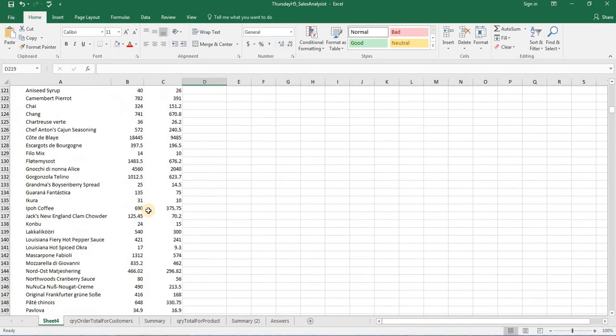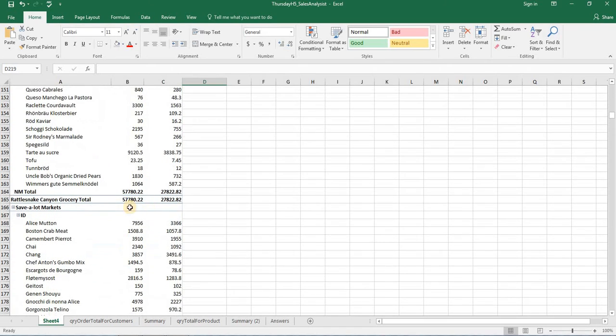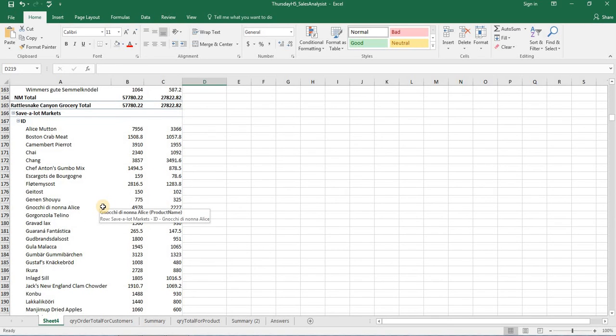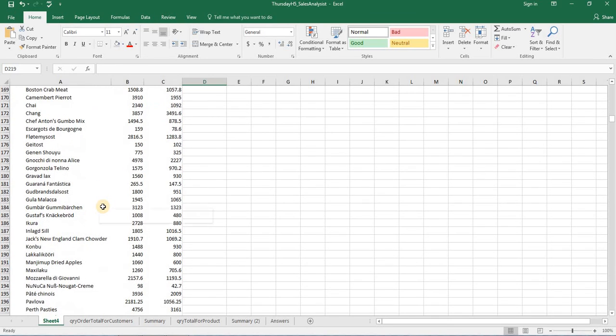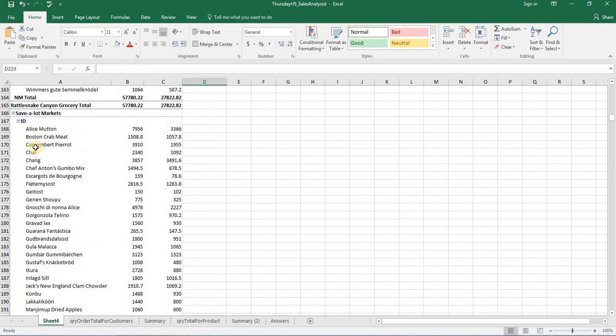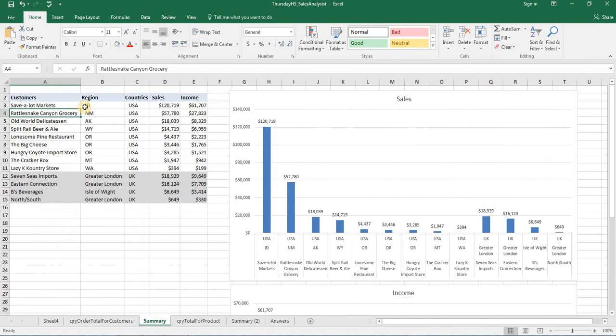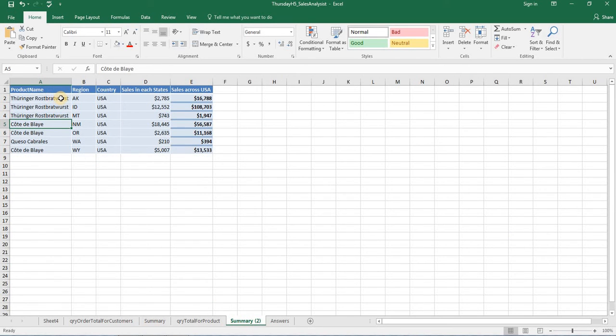I'm kind of blind, so it should be right down here. So Save a Lot, which is a lot of data. Save a Lot is in Indiana, which makes sense because this is saying Indiana.